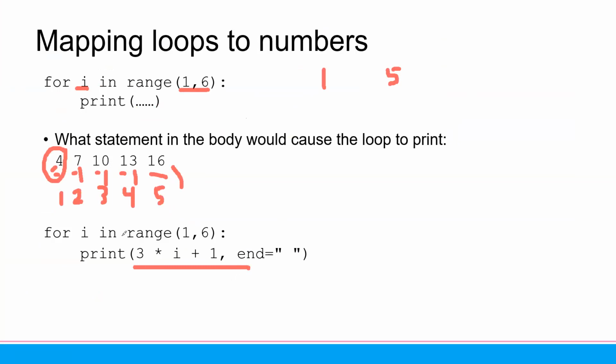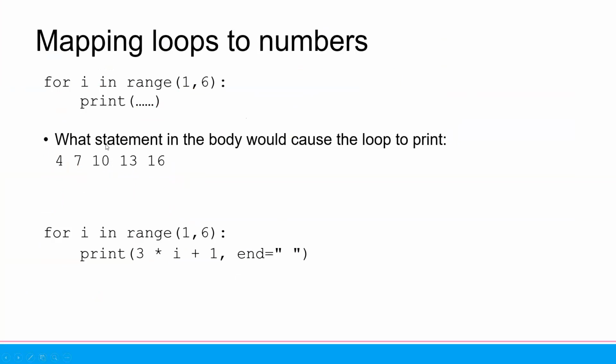I assume that I will just multiply with 3 and then plus 1. So you need to find the pattern. 4 is when I have number 1. So the pattern will be, can I multiply with 4?